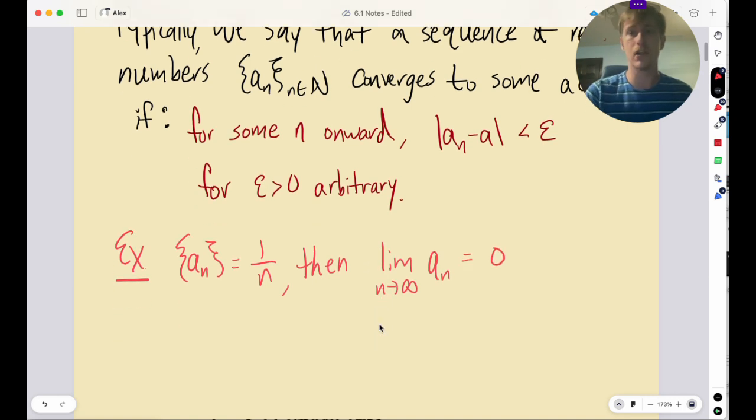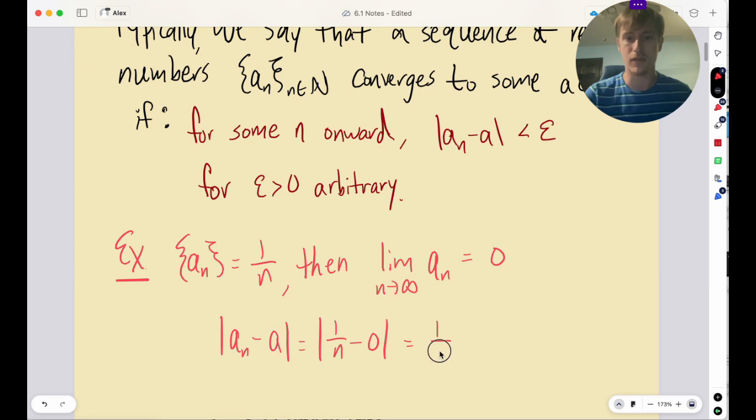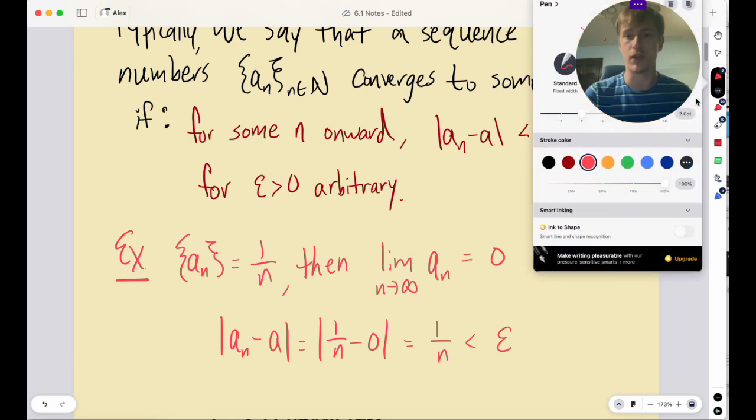But we can prove that a little bit formally by saying that for some n onward, the distance between a sub n and a is less than epsilon. So what you would do is take a sub n minus a, which is 1 over n minus 0, which we don't even need the absolute value anymore, and we have to show that 1 over n is less than epsilon. But this is actually just always true.